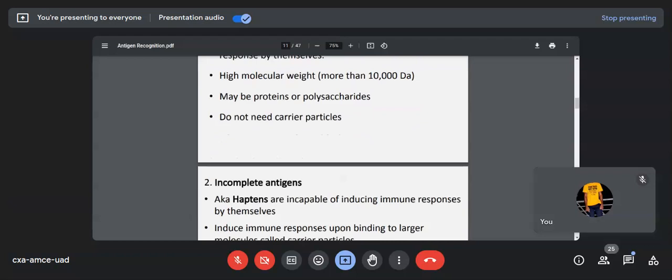We don't need anything on its own, just its structure can cause an immune response. It doesn't need other molecules to be added to its structure to make it more immunogenic. That's something about complete antigens, or sorry, complete immunogens in short.